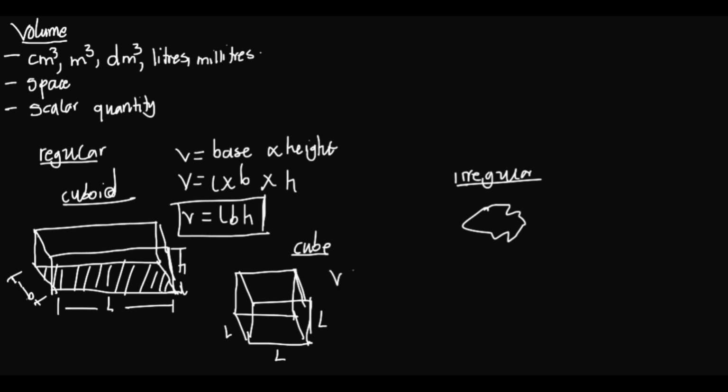And the formula for a cube is L times L times L, which is the same as L raised to the power 3. You may also have a cylinder. As long as you are dealing with an object that is regular, you are going to use what we call the mathematical formula.